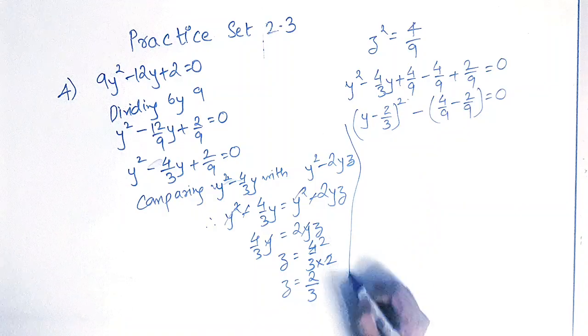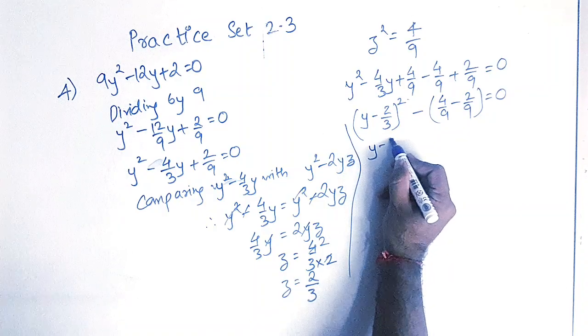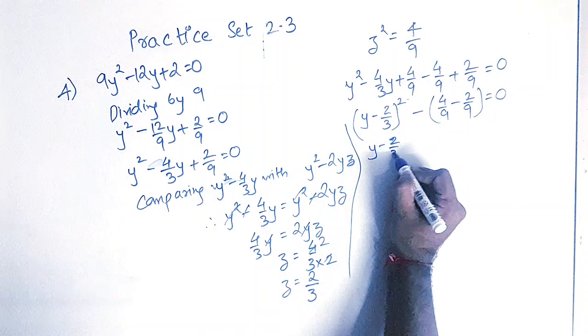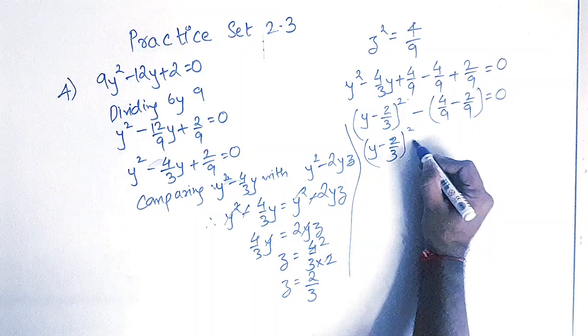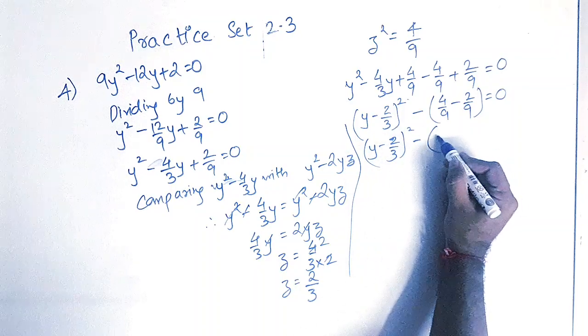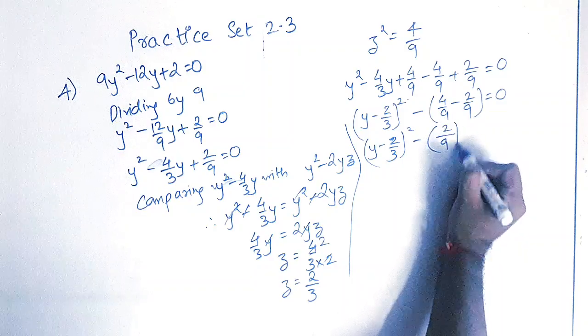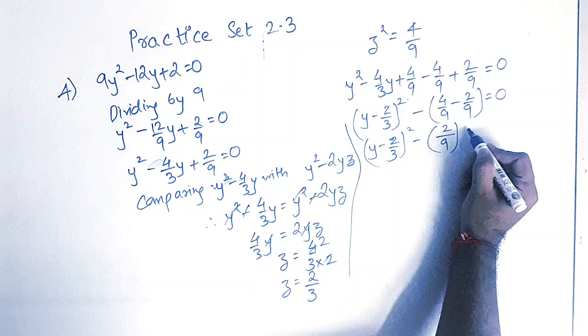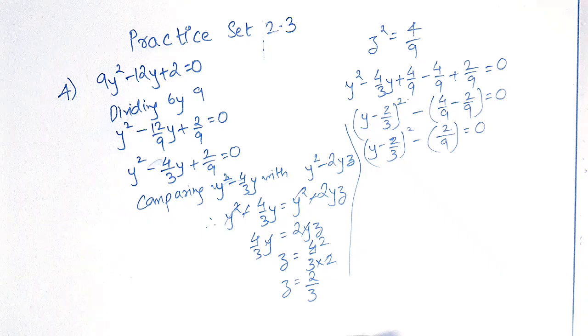So now this will be as it is, y minus 2 by 3 the whole square, minus this will be 4 minus 2 means 2 by 9, equals 0.